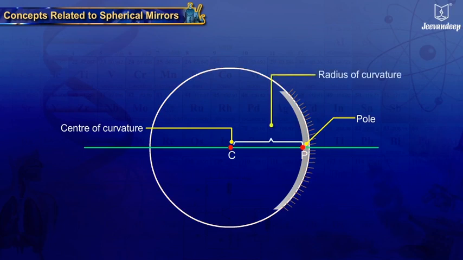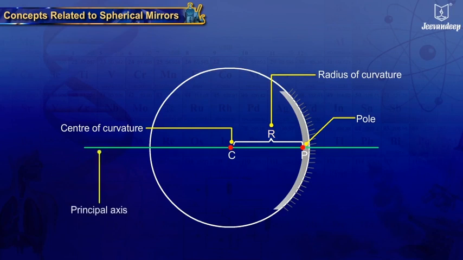Radius of curvature, represented by R. The radius of the sphere of which the mirror is a part, or the distance between the center of curvature and pole of the mirror, is called the radius of curvature, R, of the mirror.